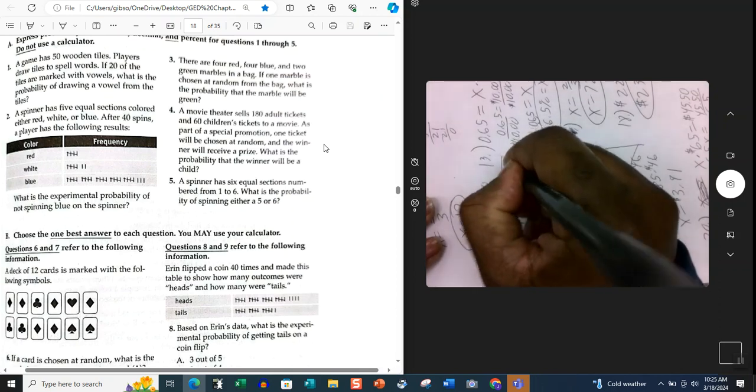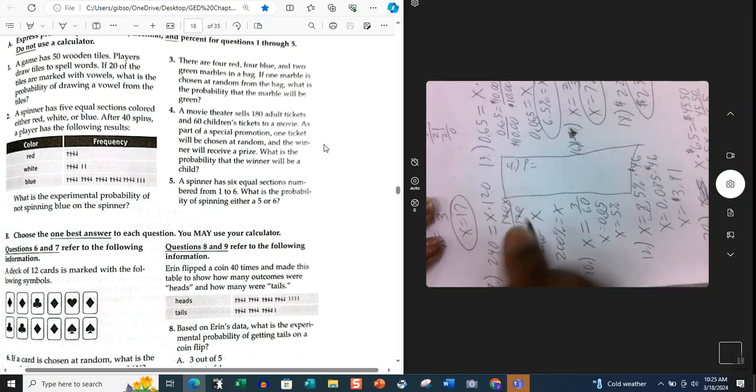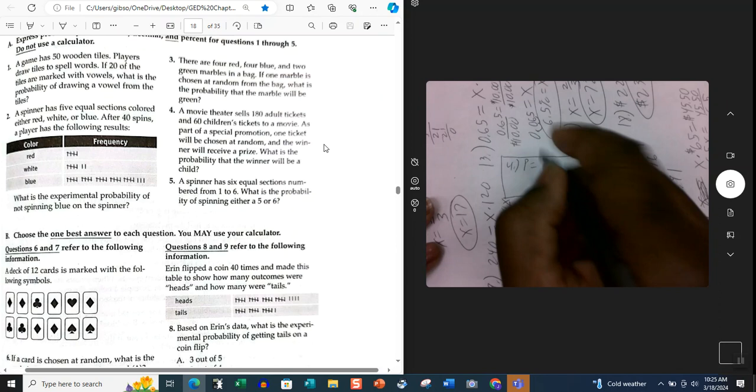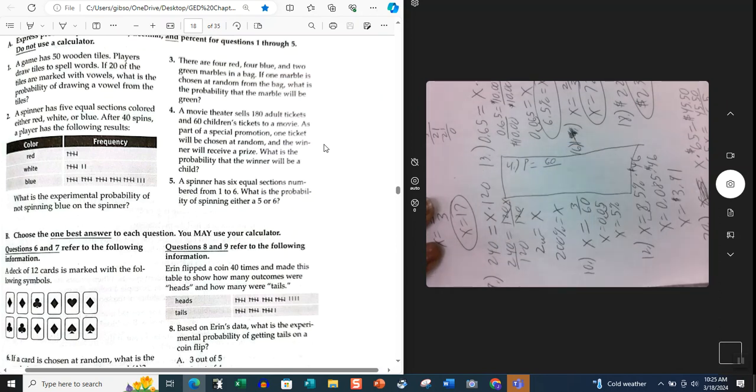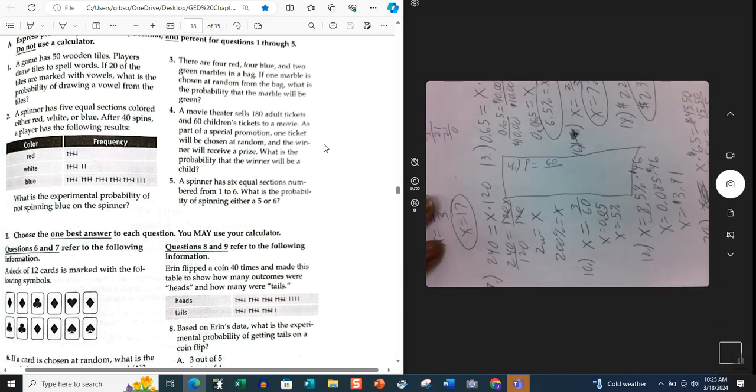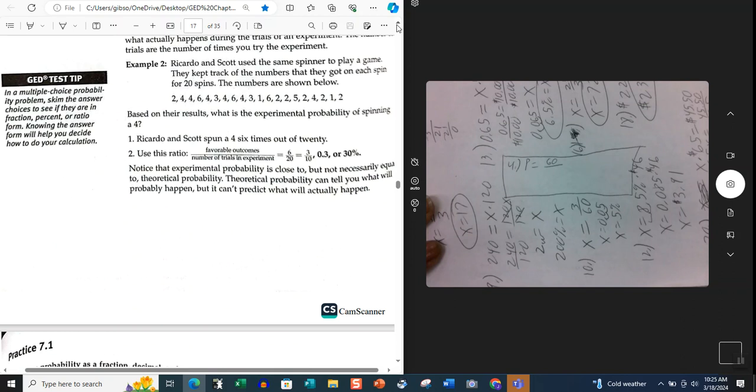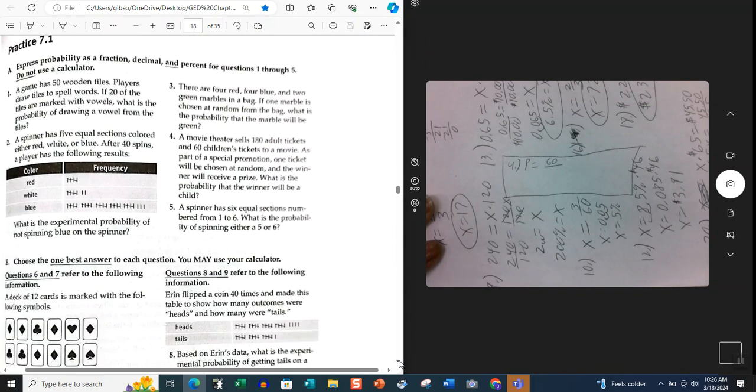So we know that our favorable outcome would be a child, which is 60 tickets. And then it would be divided by the number of trials in an experiment, which here would be 240.